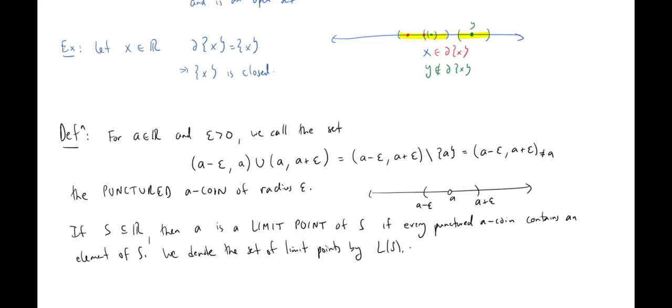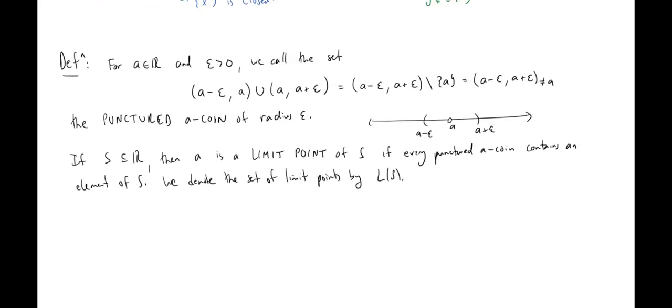Okay, now, what does this notion have to do with limits? Why do we call a limit point something where every punctured a coin contains an element? Let me give you two explanations of why this makes sense. The first one is just by analogy.